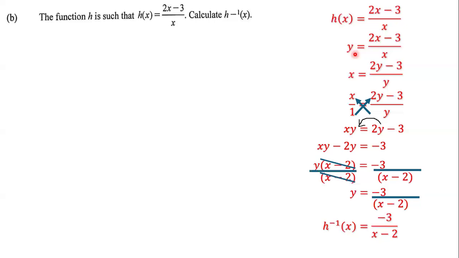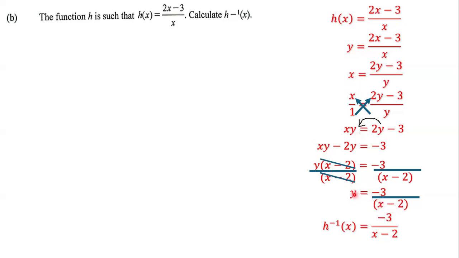So first step, set h of x equal to y. Second step, swap x and y. Third step, solve for y. And we did it by cross multiplying. We send the 2y over. We factorize, we cancel, and we get that y is equal to negative 3 over x minus 2.